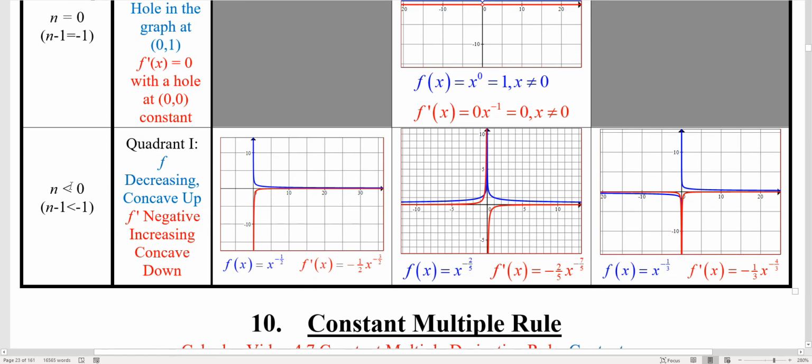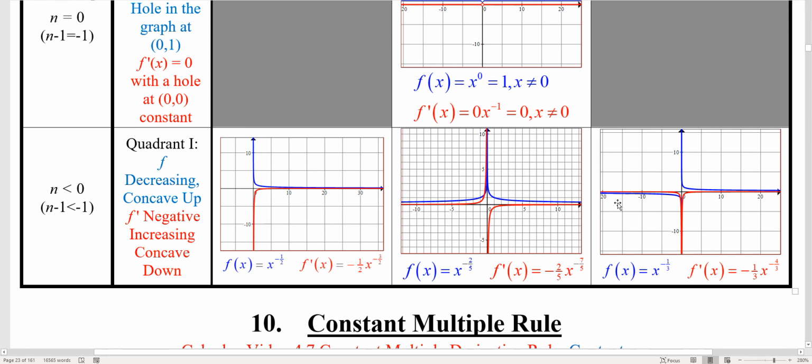If n is a negative number, then the original function is decreasing concave up in the first quadrant. Then n minus 1 is negative, which would make it decreasing concave up in the first quadrant, but it has a negative coefficient, so the whole thing is flipped over the x-axis, so that now it's not in quadrant 1 anymore, but in quadrant 4 for the derivative.